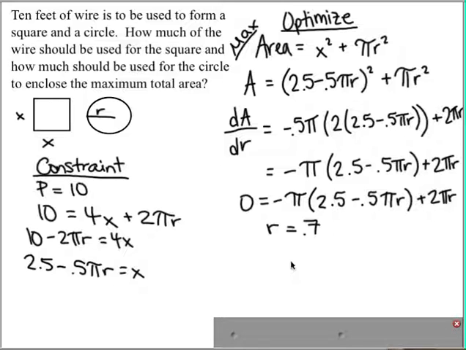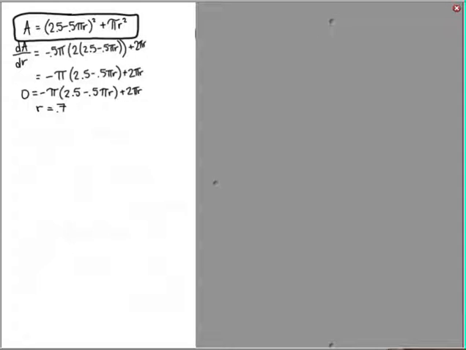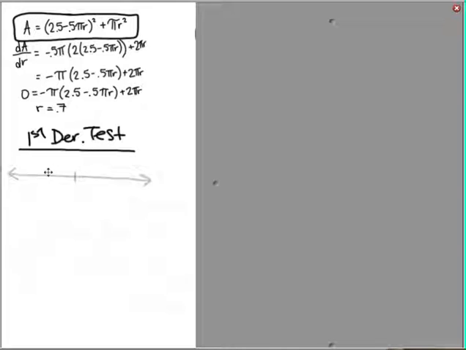On the next page, I am going to perform the first derivative test to see what happens before and after 0.7, just to see if this is a critical point and if it's doing what it should both before and after 0.7.